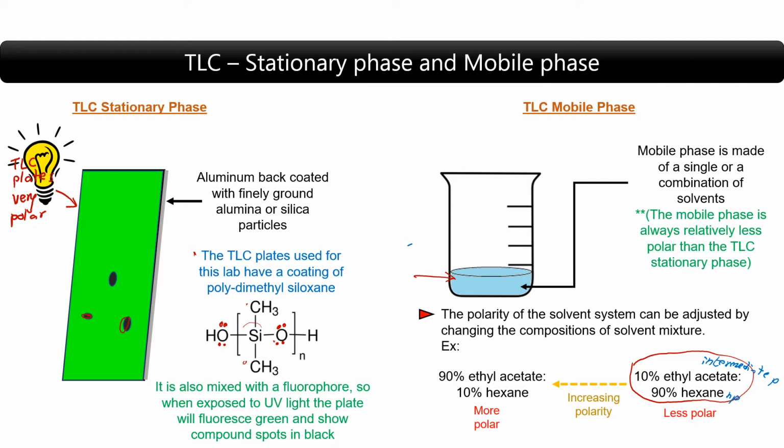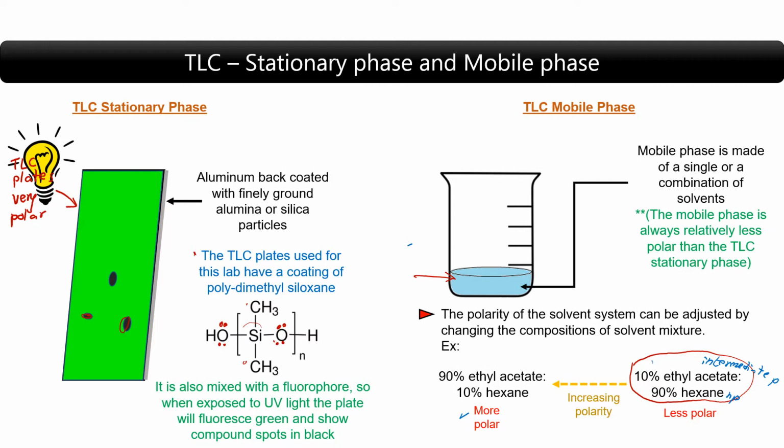But we can change the overall polarity of the solvent system by changing the composition of each of these components. If we changed it to 90% ethyl acetate, that would increase the overall polarity of the solvent system and make it more polar.